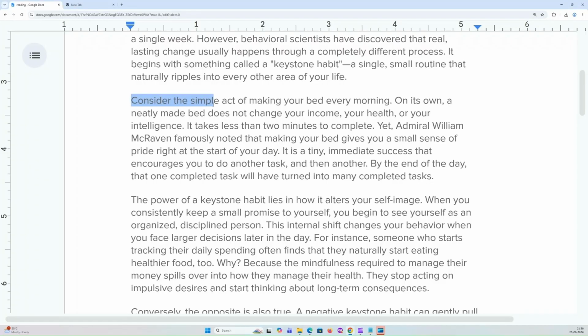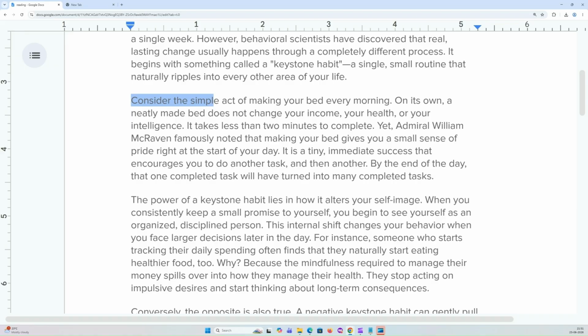Consider the simple act of making your bed every morning on its own. A neatly made bed does not change your income, your health, or your intelligence. It takes less than 2 minutes to complete.